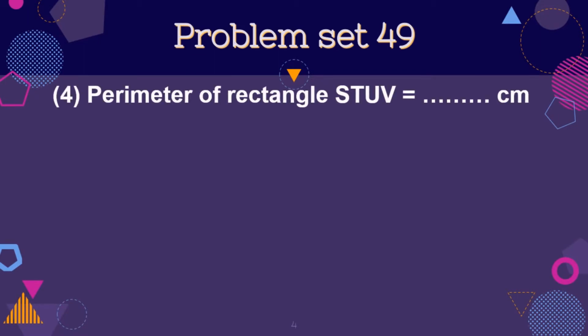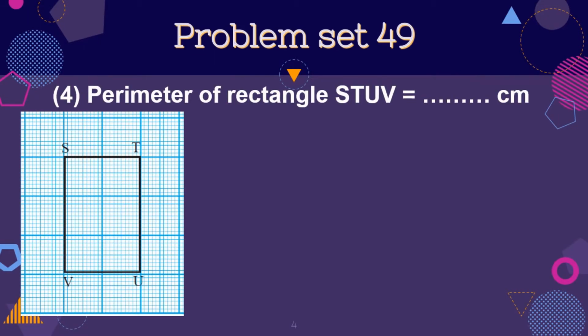We have the next rectangle STUV on the graph sheet and we have to find out its perimeter. So first let us find out the length of this rectangle with the help of the lines on the graph sheet.